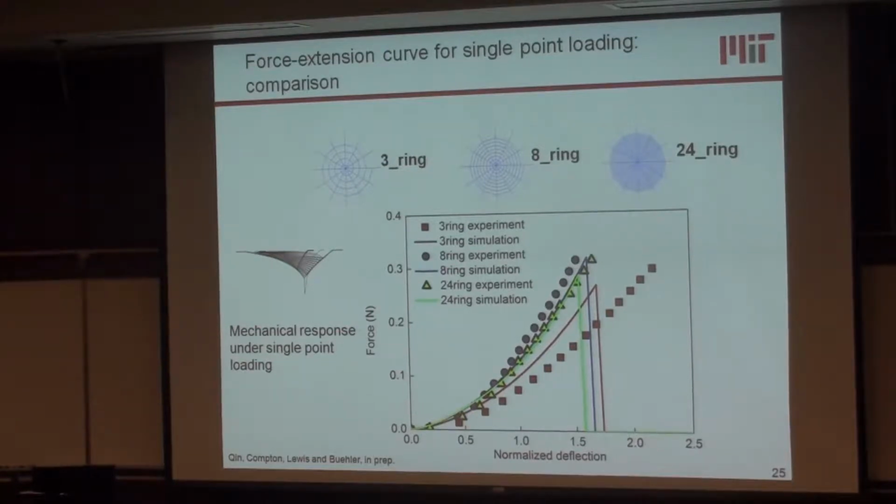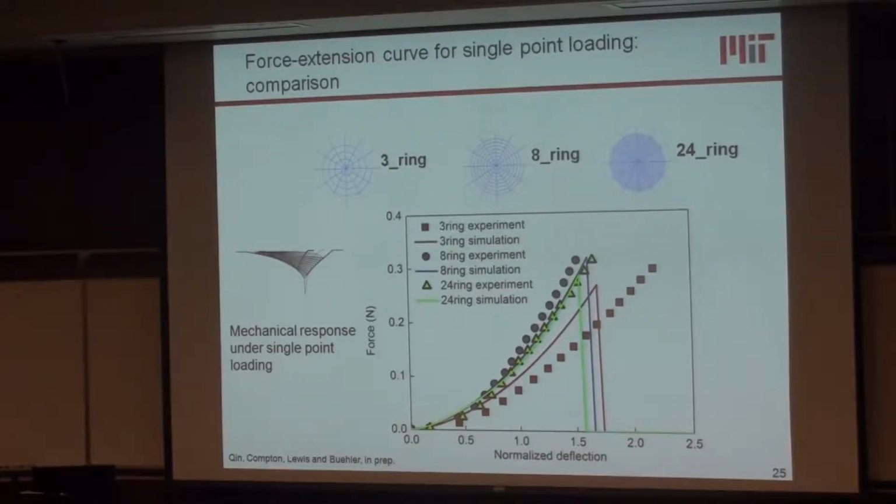And then we can do a simulation of how prey gets caught by the spider web. So we do the simulation and also do the experiments. The force extension curve for those structures under point loading has a pretty good agreement, especially for a larger number of spiral silks.